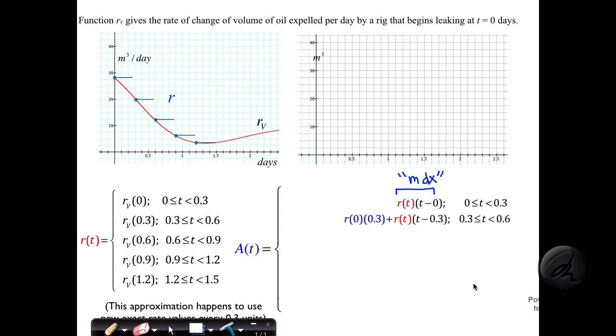If t was 0.1, I could use this formula, sub in 0.1 for t, and I'd be using this rate of 28. Do 28 times 0.1 and get 2.8. For any value of t between 0 and 0.3, not just the beginning and the end, this rule applies. I use that first rate, about 28.